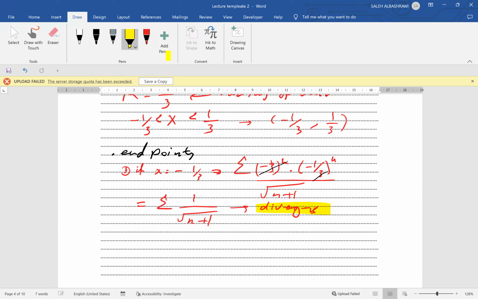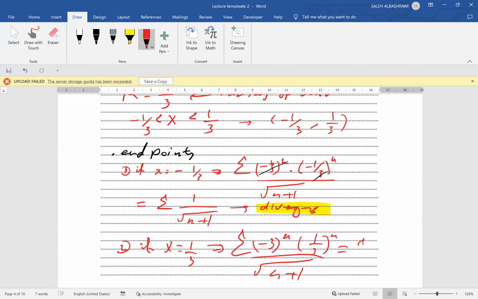This divergence is by the p-series test. Now for the other endpoint, number 2, if x equals 1/3, then we'll have (minus 3) to the power n times 1 over 3 to the power n. We just replace x by 1/3, divided by the square root of n plus 1.